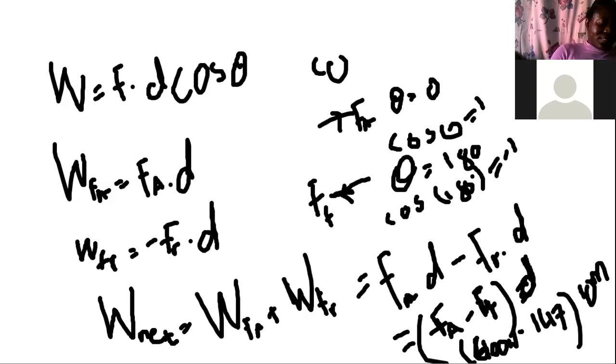So it's 400 minus 147, then we multiply that with 10, which gives us, oh, it's even 2,300. So there was something wrong that we did previously. So it's 2,530 joules. Is it clear? Yes, you can go on. Okay, so that's how we calculate it.